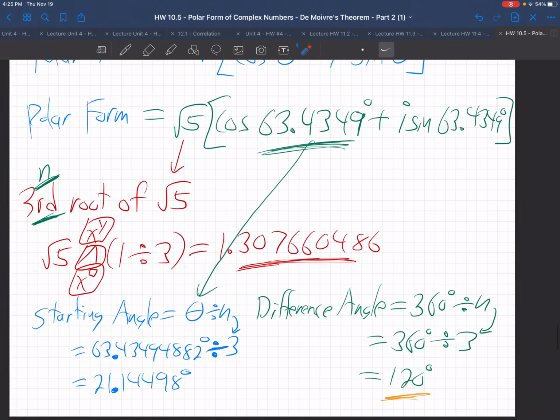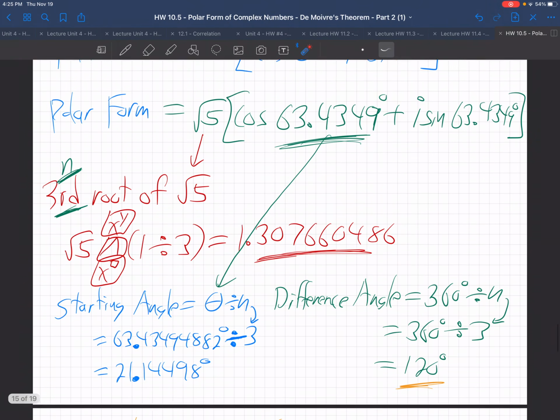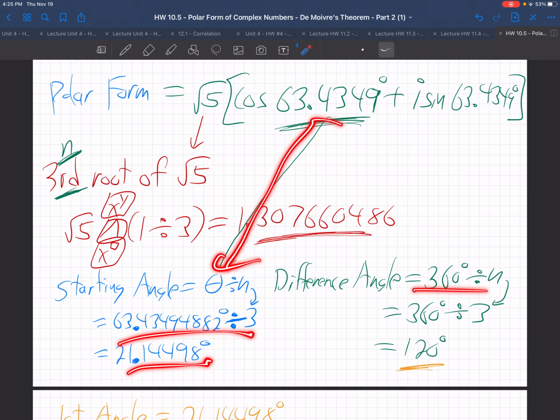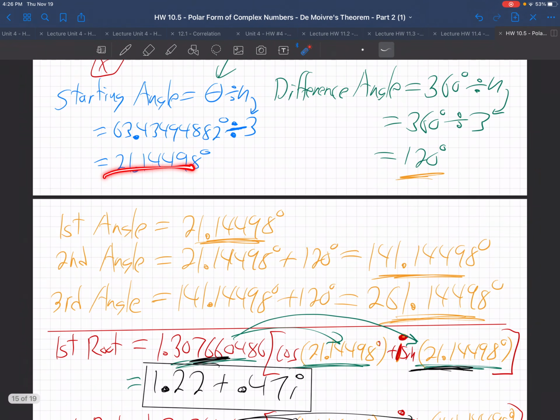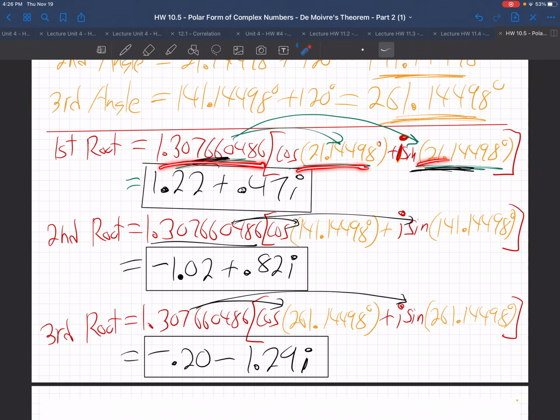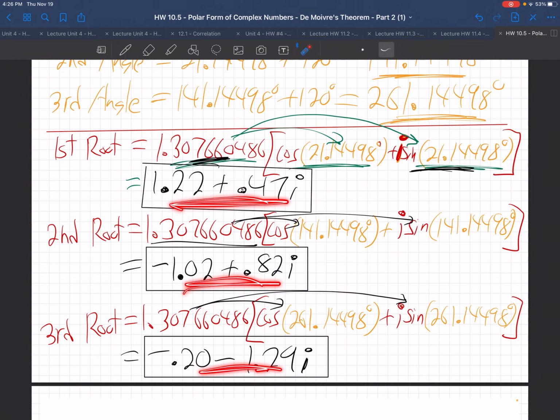And then we had to take the third root. I took the root 5 to the 1/3 power, got that number. Then I took the angle and divided by 3, and took 360 and divided by 3, getting the starting angle and the difference angle. We add the difference angle each time to get the 3 answers, write those as our 3 roots, and then distribute to finally get the rectangular form of our roots.